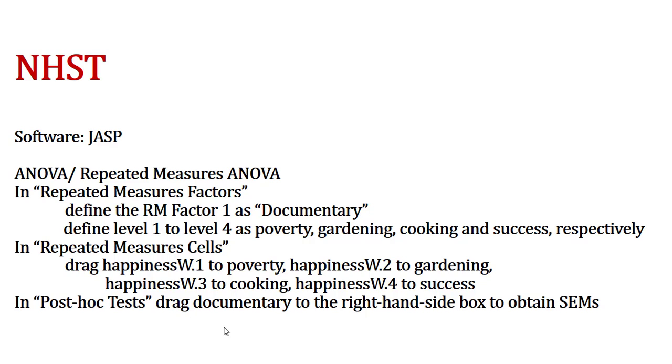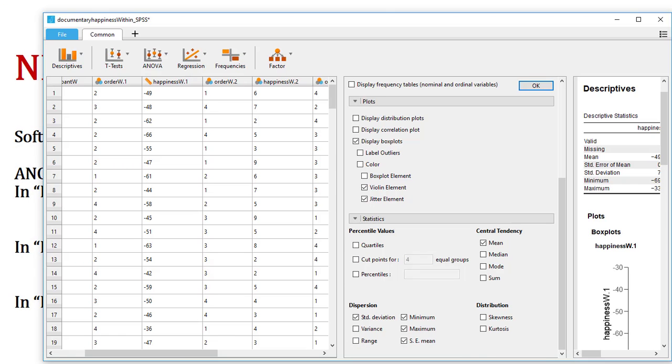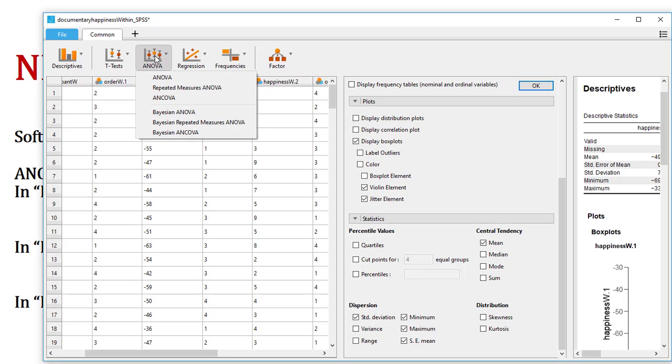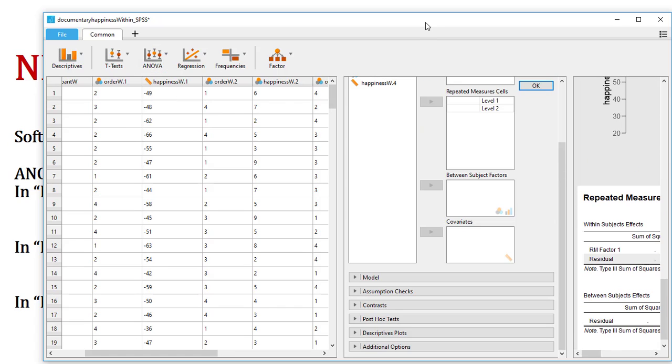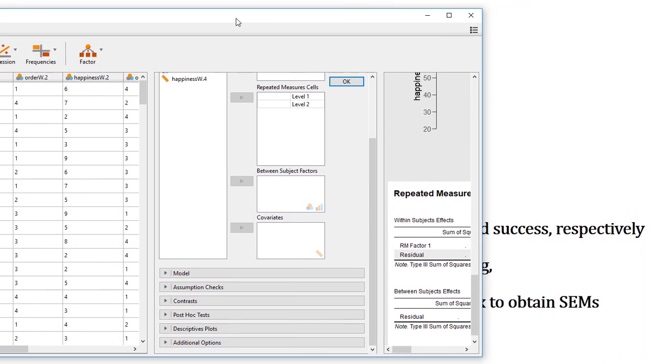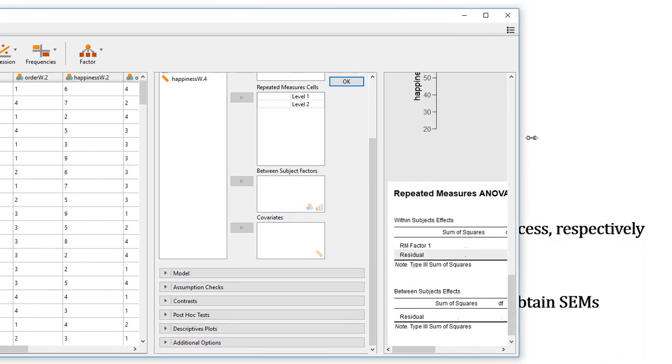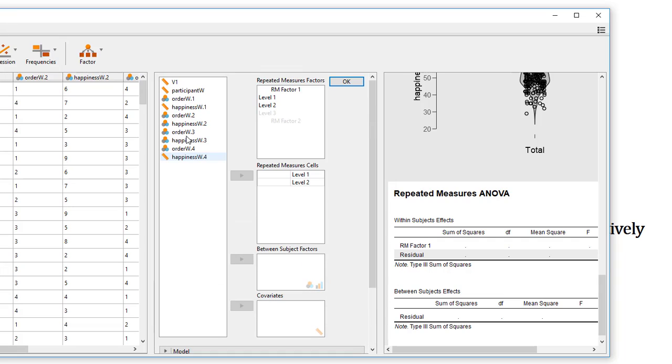Okay, so we are going to use the raw data without difference scores. Now we go to ANOVA and repeated measures ANOVA. We've got the variables here. First of all, we need to define the factor.